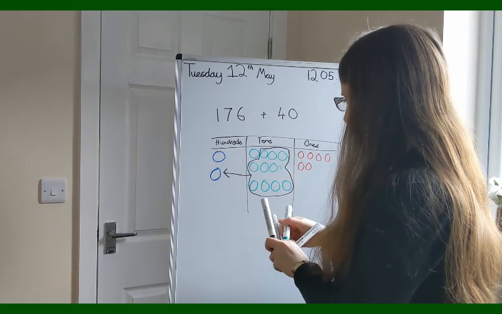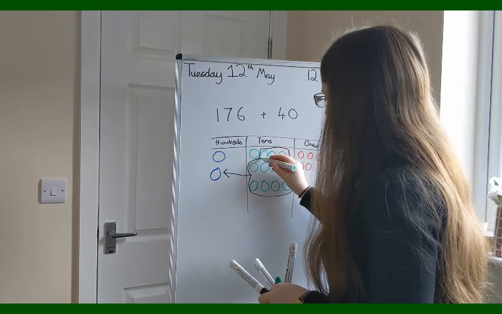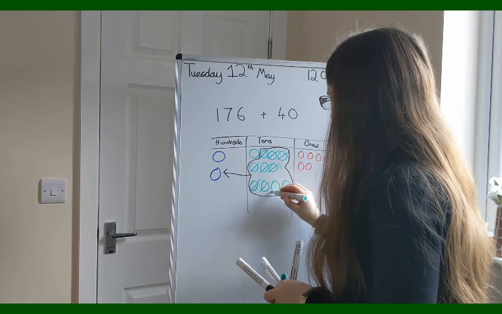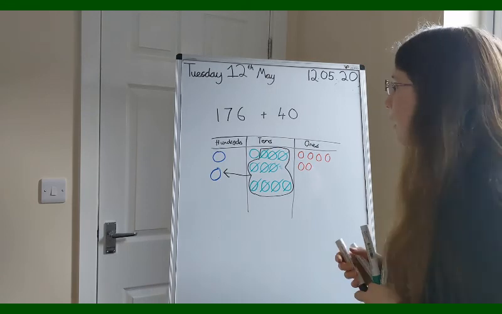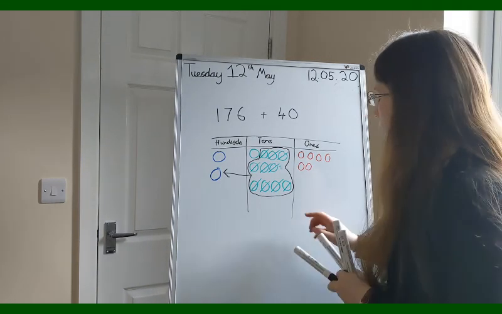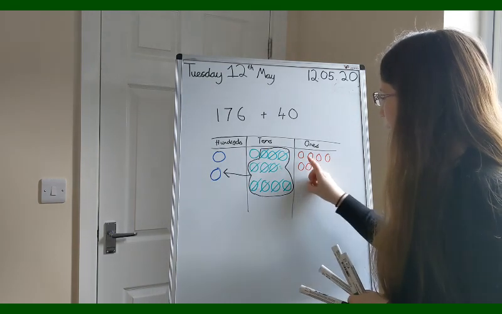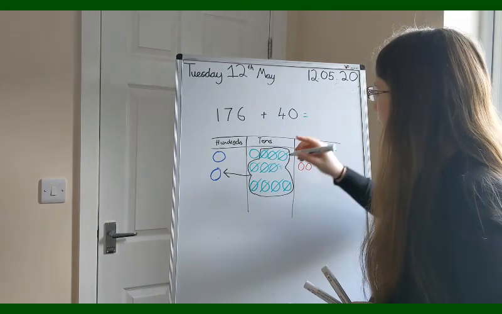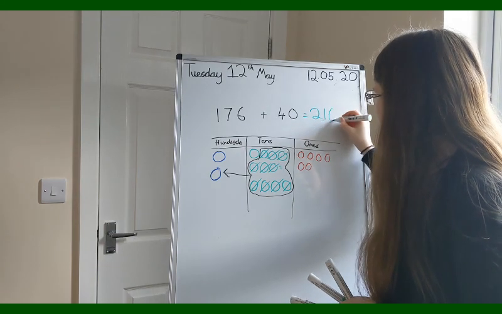Then I'm going to cross out all of the tens that we've exchanged so that we know that we're not counting them anymore. So now I can have a look at what we have got left. So we've got 2 hundreds, 1 ten and 6 ones. So our new number is going to be 216.